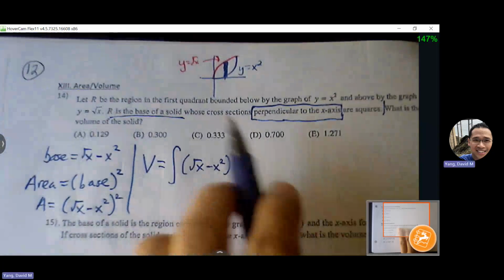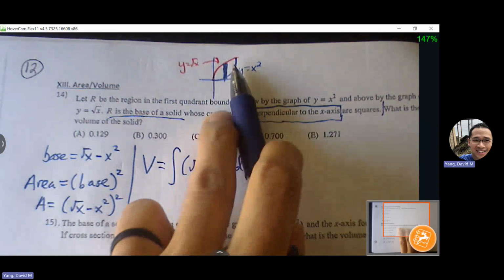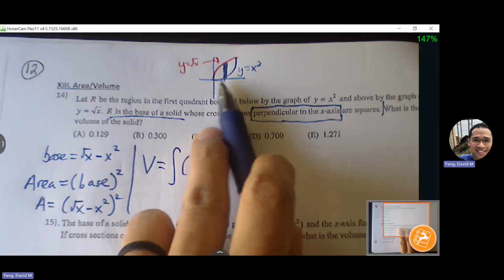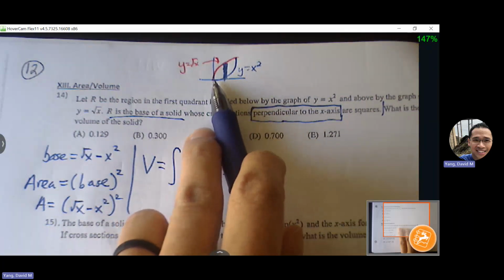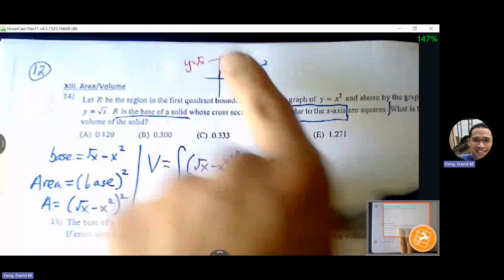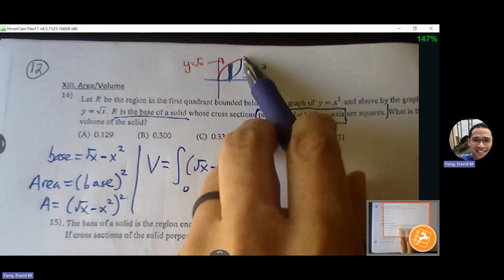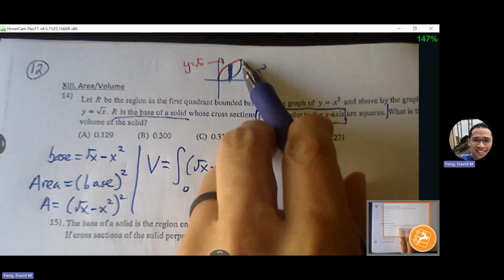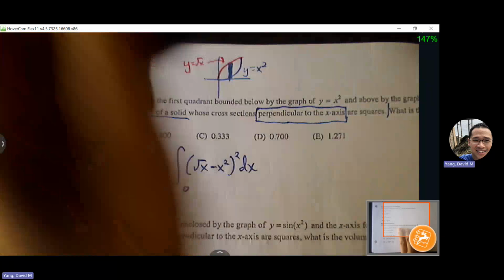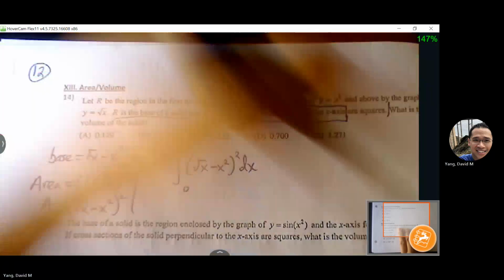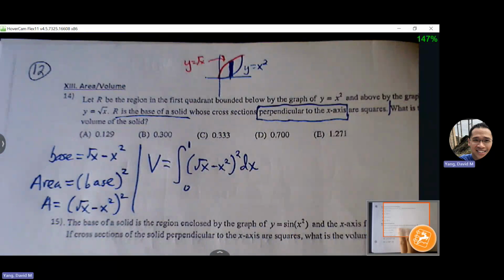And then our bounds are going to be the furthest left to the furthest right. And you guys tell me what those are. The furthest left is going to be what? 0. And the furthest right? Yeah, so root x and x squared, if you use your calculator, you can see that they intersect at 1. And the rest just goes in your calculator, math 9.